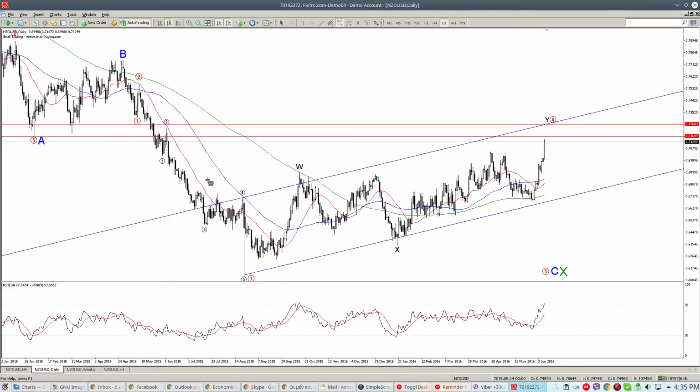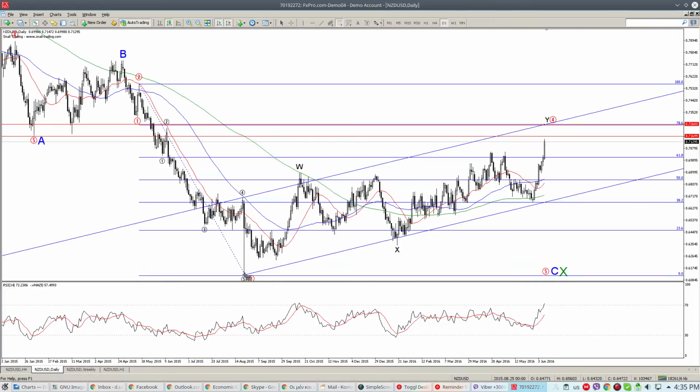If we get a Fibonacci retracement of wave 3 to see how much prices have retraced this wave 3, we can see that prices have broken above the 61.8% retracement of that move, and this is also a very, very bullish signal, because this level was important in the past.